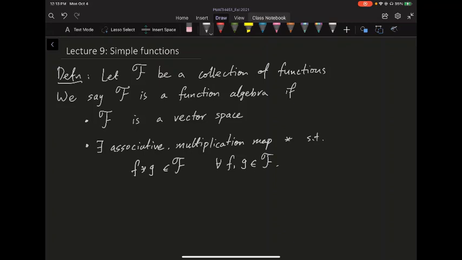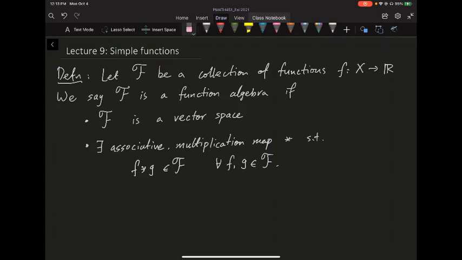So suppose I have a collection of functions. So here the functions are all from some space X to, let's say, R or complex numbers or something else. This collection, we call it a function algebra or an algebra of functions. First of all, it is a vector space.